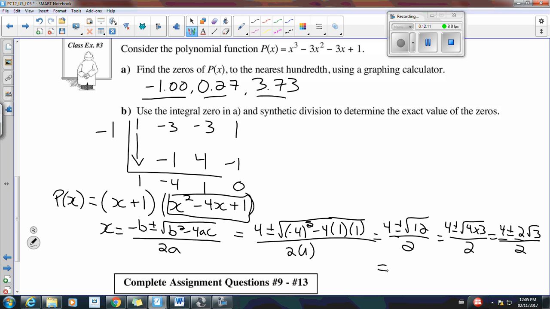So this is equal to 2 plus or minus root 3. So those are the zeros. So all of the zeros, we shouldn't forget the zero of negative 1. So negative 1, 2 plus root 3, and 2 minus root 3 are the zeros.